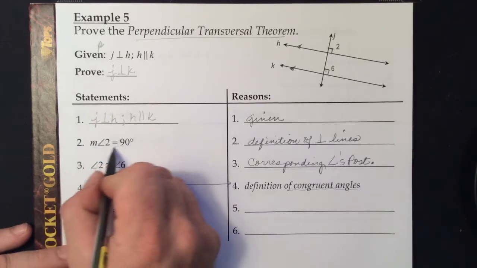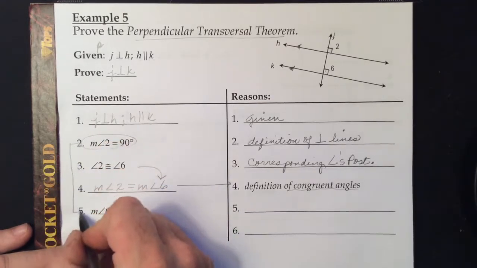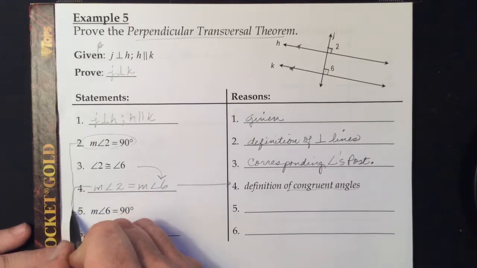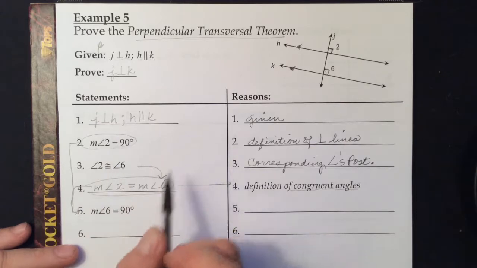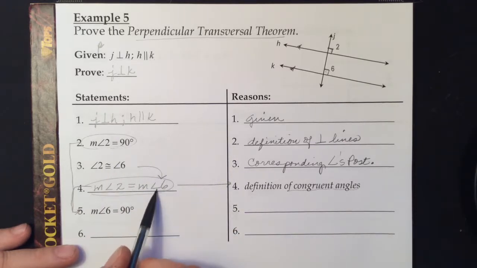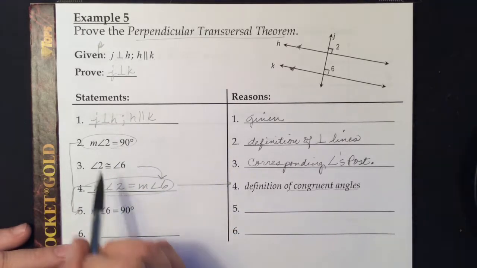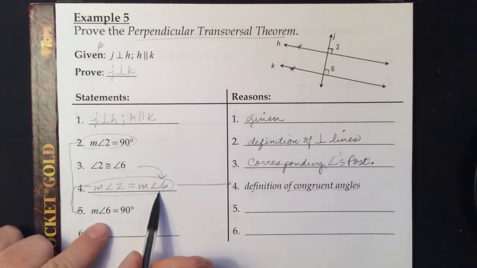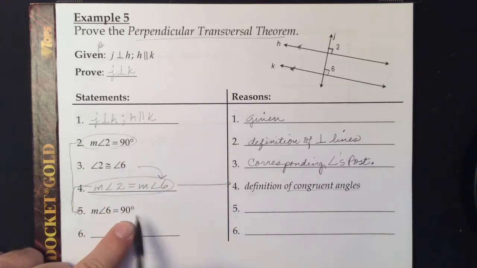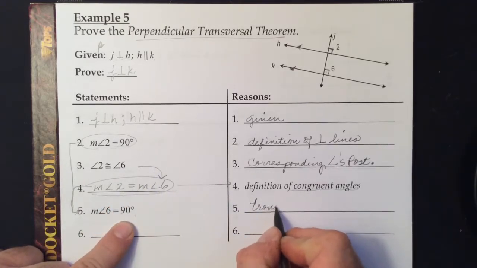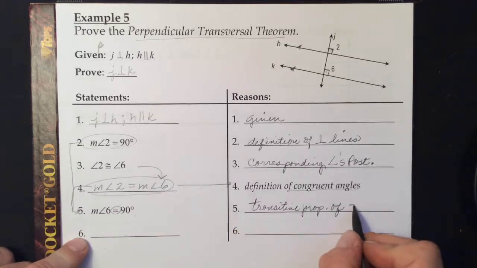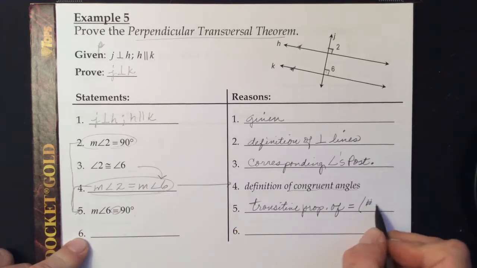They're taking this statement right here, feeds into that one, and they're taking this one right here, and they're saying if the measure of angle 6 is equal to the measure of angle 2, and the measure of angle 2 equals 90 degrees, then the measure of angle 6 is equal to 90 degrees. Transitive property of equality. And we use statements 2 and 4.